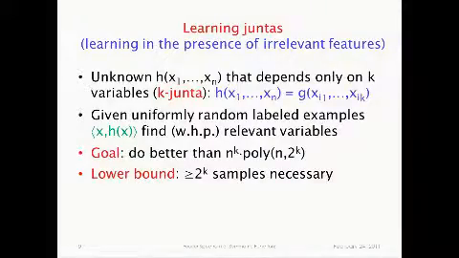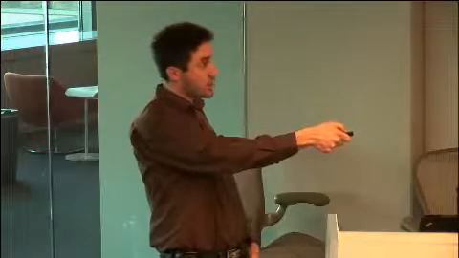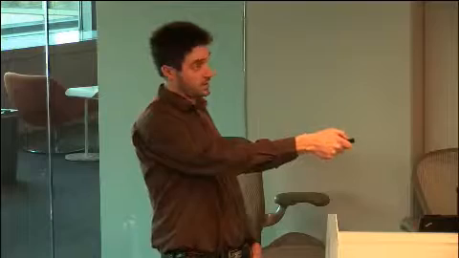Anyway, good. Here's another application: learning juntas. Let me describe the problem, and then I'll say what the application is. The problem of learning juntas is also called learning in the presence of irrelevant features. Think about the PAC learning model. We have some unknown function h that depends on n variables.